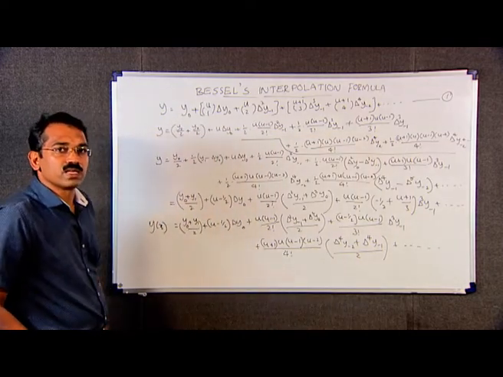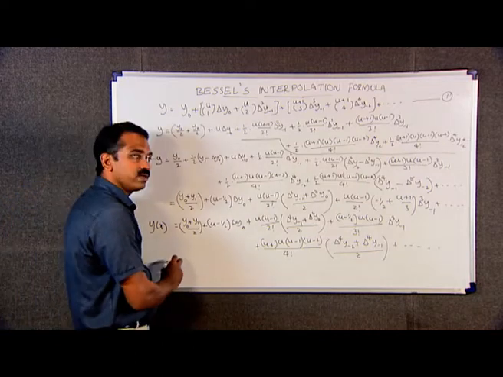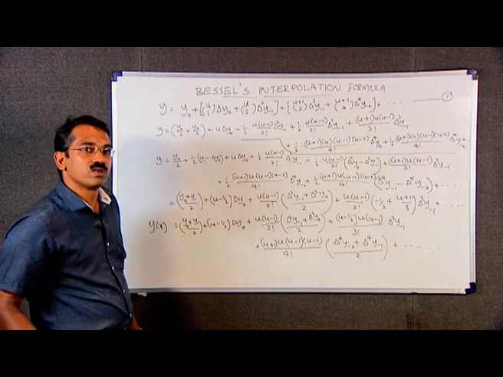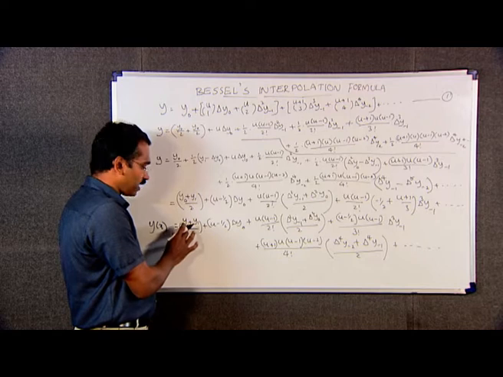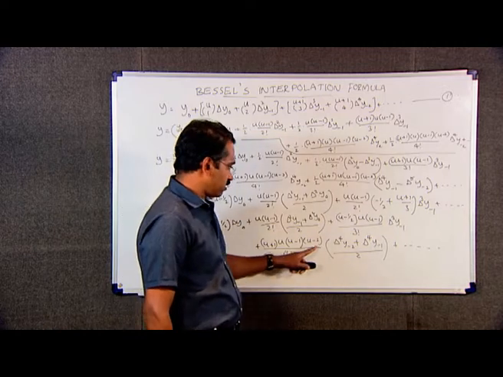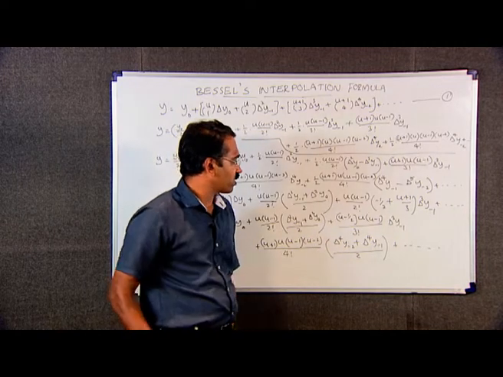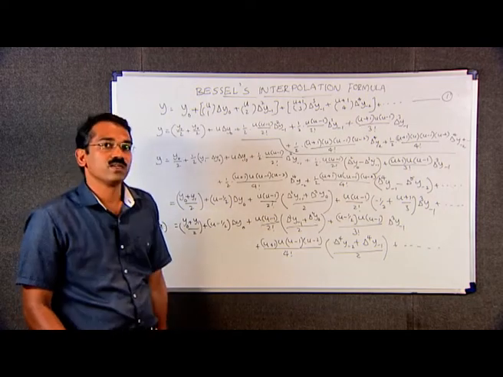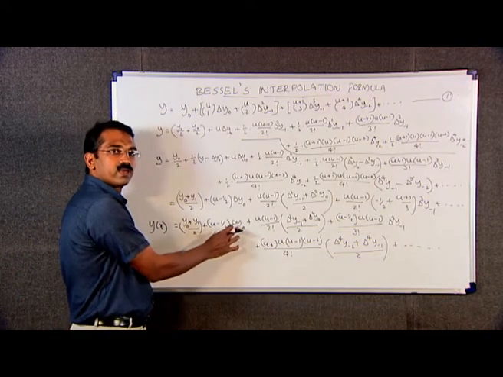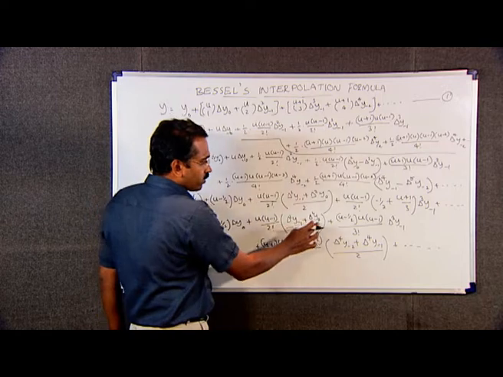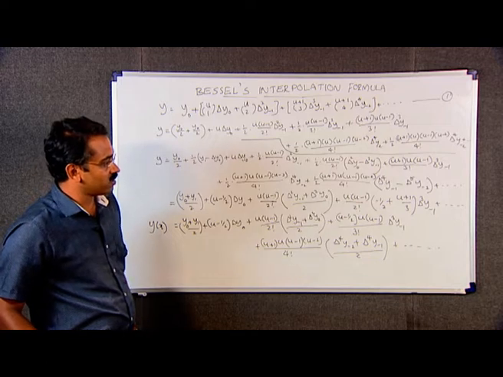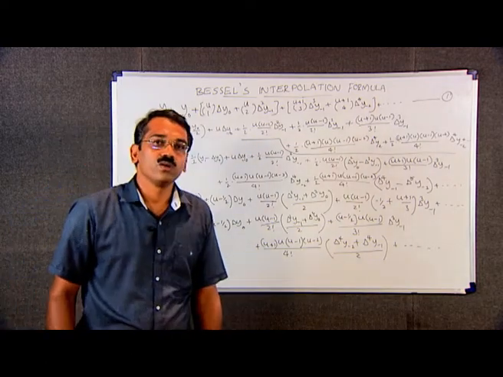If we draw a central line, that means a line about x naught y naught, then the terms y naught, delta square y minus 1, delta raised to 4 y minus 2, which are the even order differences, all lie on that central line. The differences delta y naught, delta cube y minus 1, which are the odd order differences, all lie on a line below the central line.